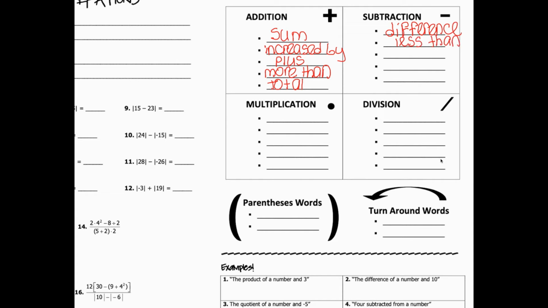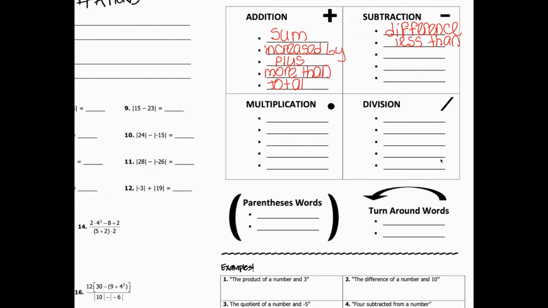Division: divided by, quotient, anything that's asking for a fractional amount. So 1/2 of would be an example, 1/3 of, 1/4 of. We'll just put one of those down. Separate, and then split. So if you're splitting a bill, that's a good example.